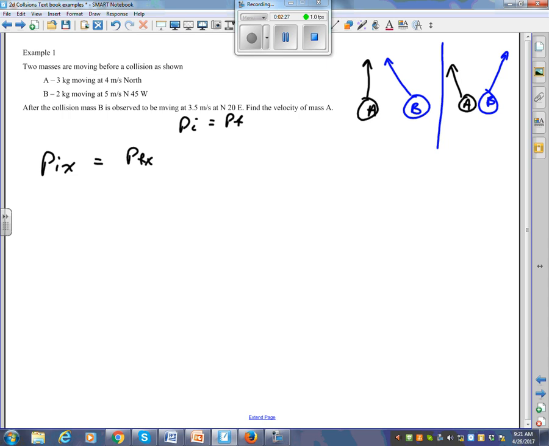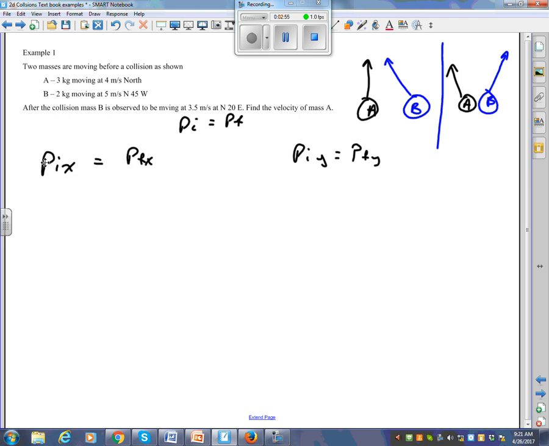And likewise, the initial y is equal to the final y. So we're going to basically break it down into two separate collisions: the x collision and the y collision. Okay? So let's just deal with x first of all.